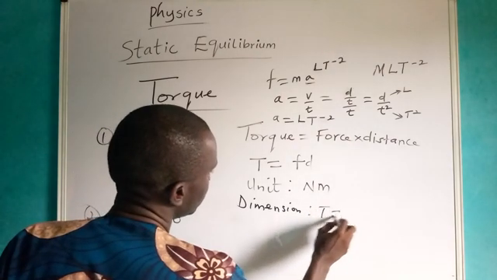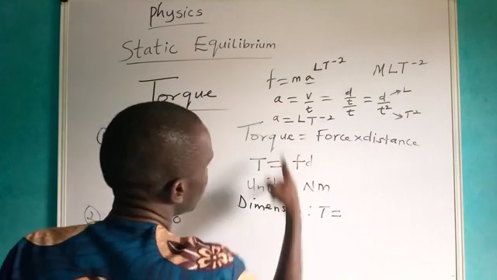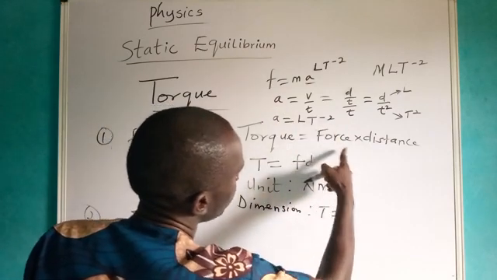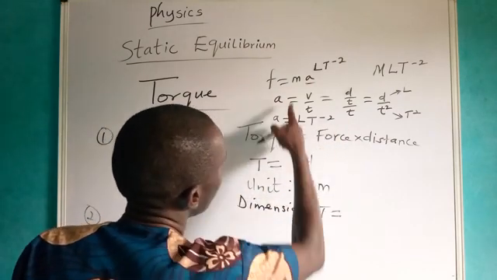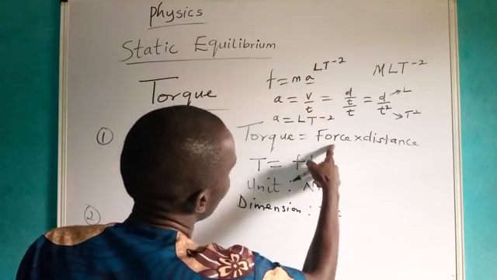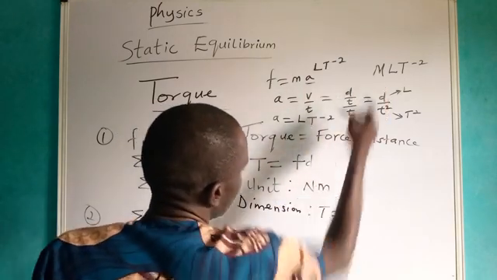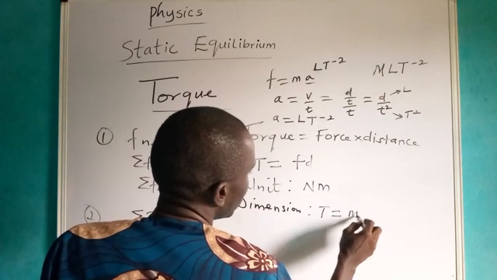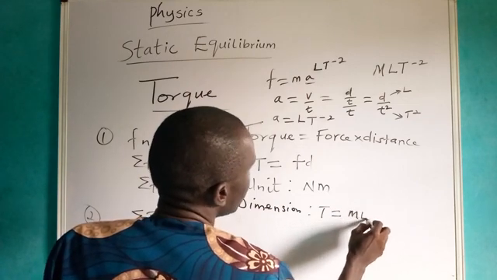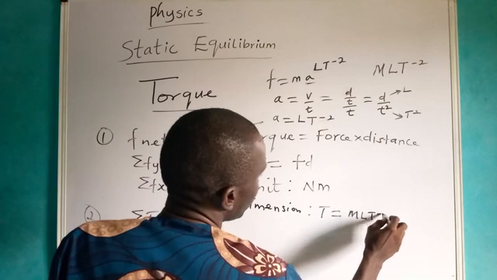This one is F, and of course we have our dimension, that is M L T power minus 2.